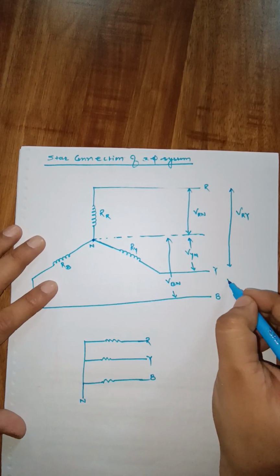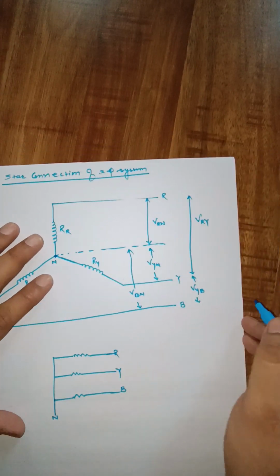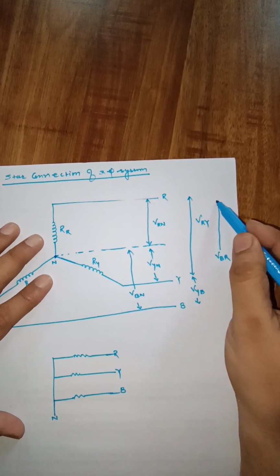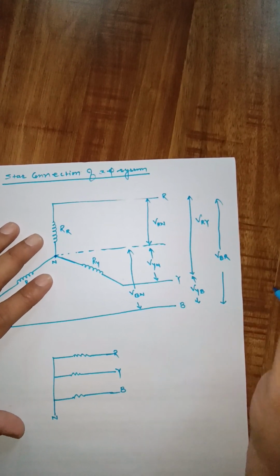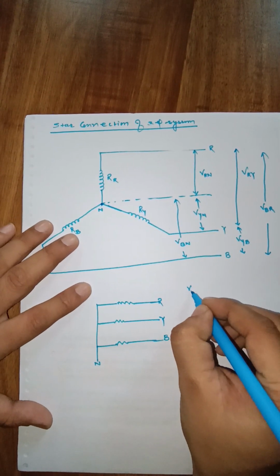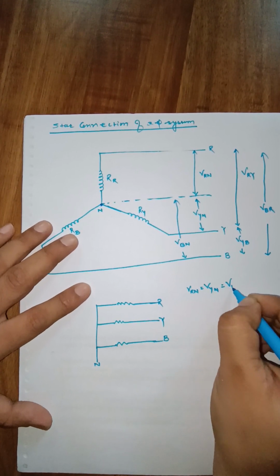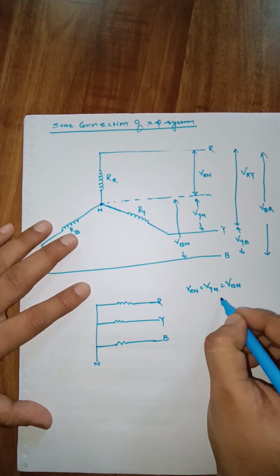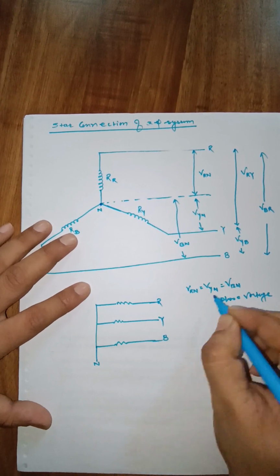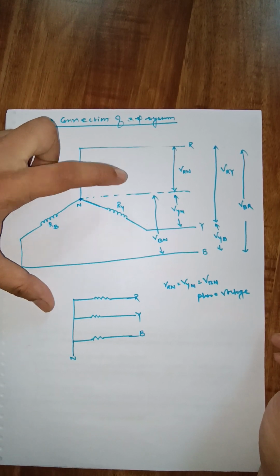Similarly, this voltage will be VYB and VBR, between two lines. So here VRN equal to VYN equal to VBN. All these are named as phase voltage because these voltages are measured between one phase and neutral.